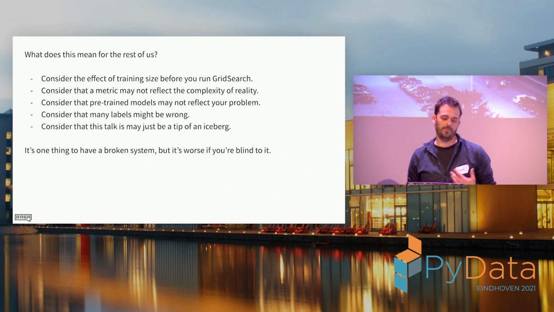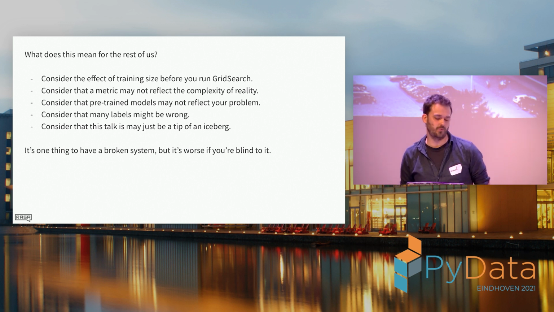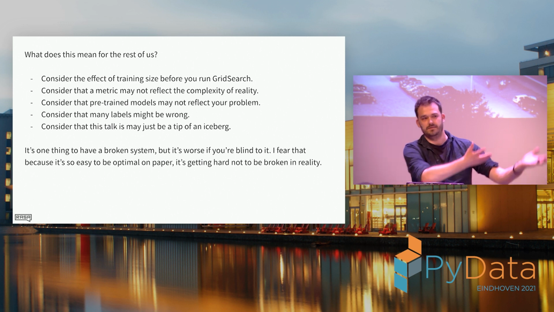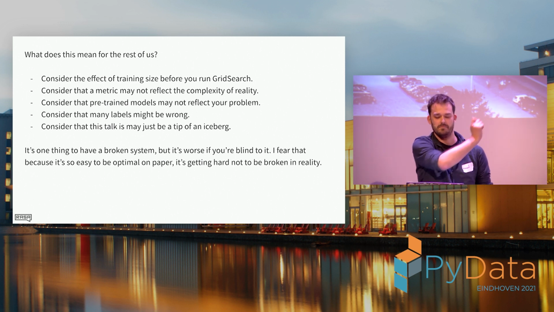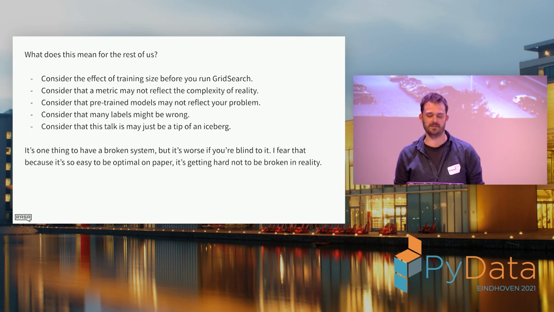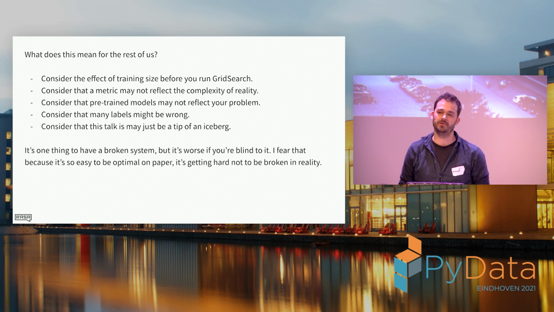The common thing in all of this is that it's one thing to have a broken system, but it's even worse if you're blind to it. That's the whole point I'm trying to make here. I fear that it's getting really easy to download a pre-trained model with a very high number that gives you false confidence, and that false confidence might be the reason you're not putting enough doubt in your own system. I think that is a very legitimate concern that more people should think about.